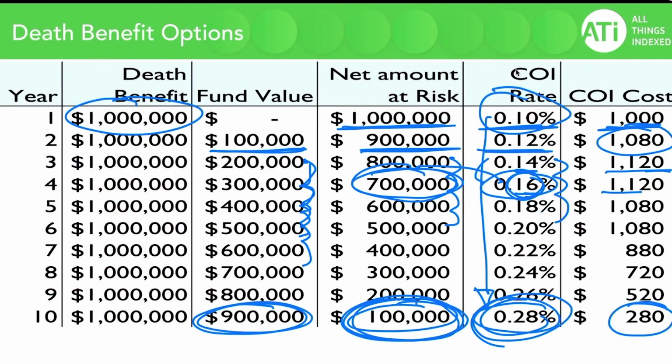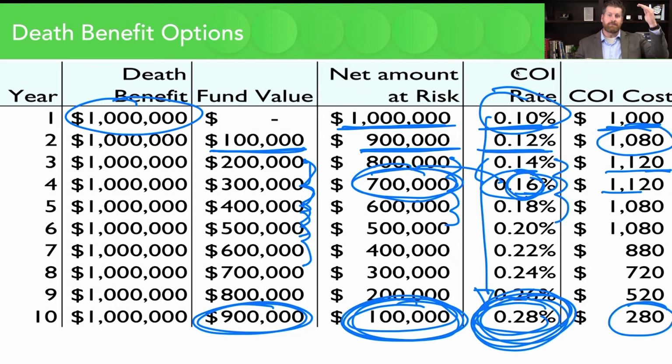On the back end of one of these policies, even if the cost per thousand goes up, that is multiplied by a smaller number, so your total cost is potentially significantly less than it was years previously.